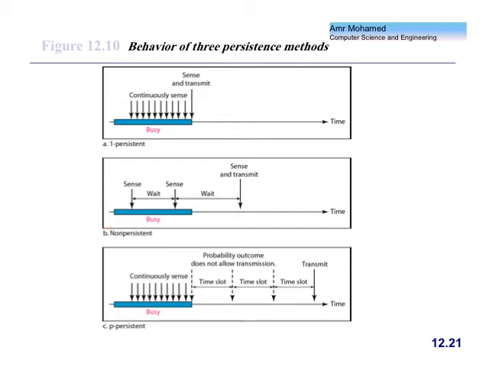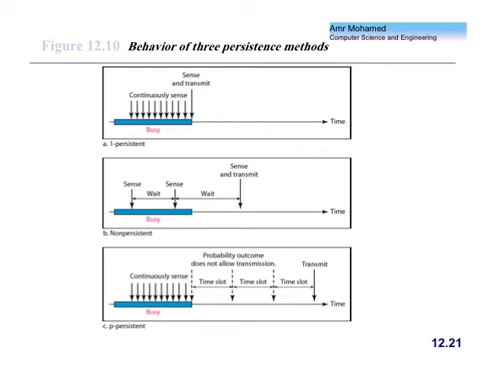In the non-persistent, you sense if the channel is busy, then you wait for some time, and then you sense. If you find that the channel is busy, then you wait for some time, and then sense. So let's analyze this compared to this. On one hand, the channel has been idle here, right?